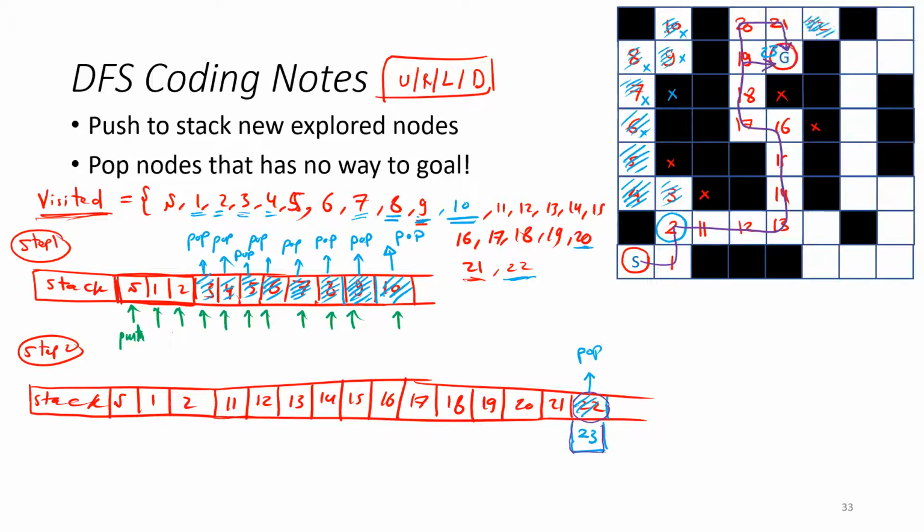But if you look here, you explored all the nodes around the goal. So the possibility of having the shortest path is higher now. In breadth first search, it's guaranteed. There is no arguing that.